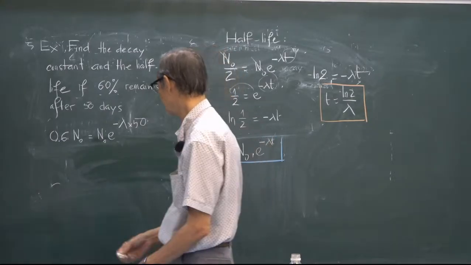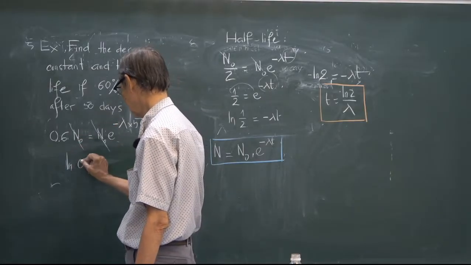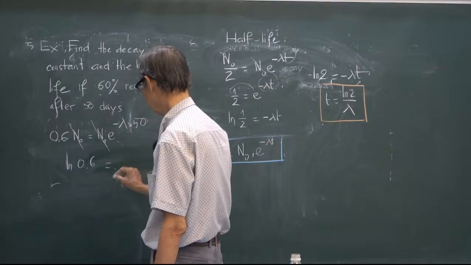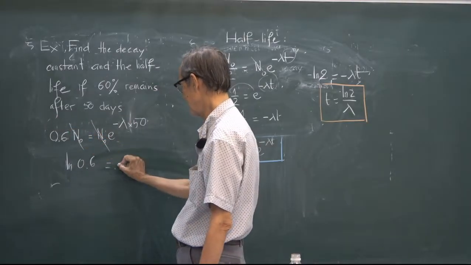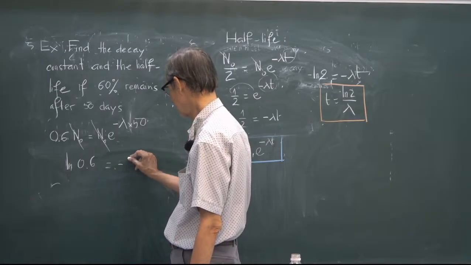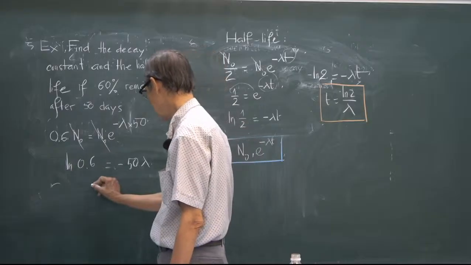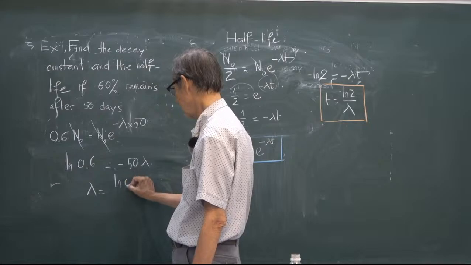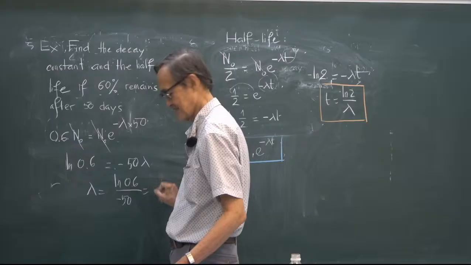Okay, and delete N0. Natural log, move e to the left hand side. We have log 0.6 equals minus 50 lambda, and lambda is log 0.6 over minus 50.